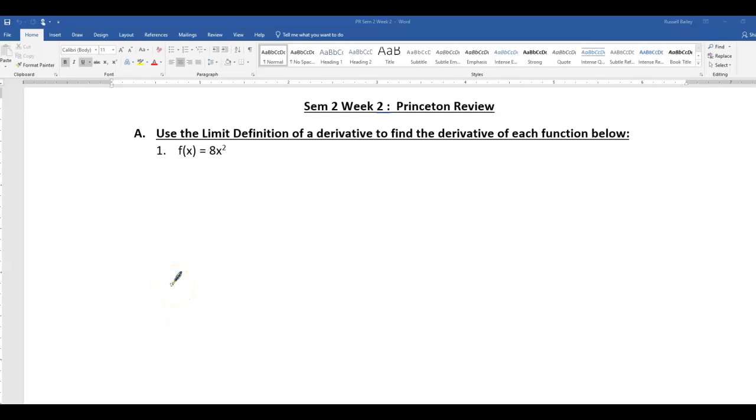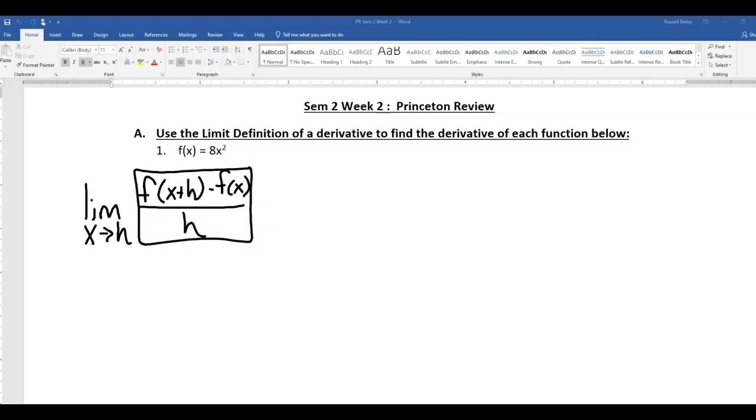It says use the limit definition of a derivative to find the derivative of each function below. So the limit definition of a derivative looks like this. This is what's called the difference quotient.